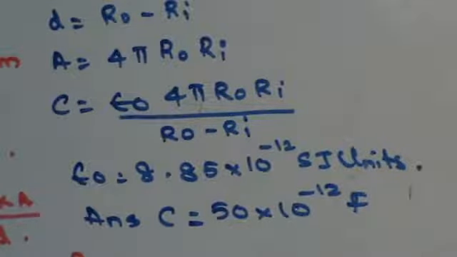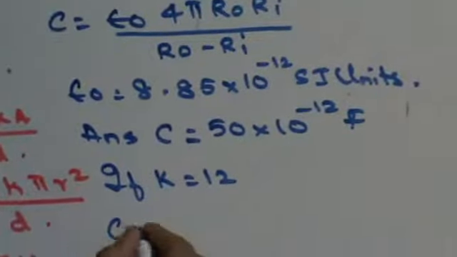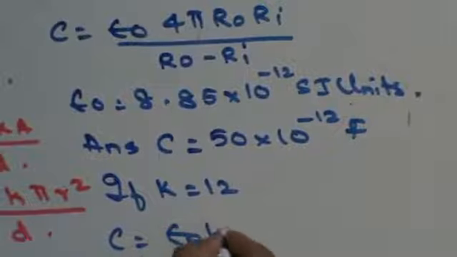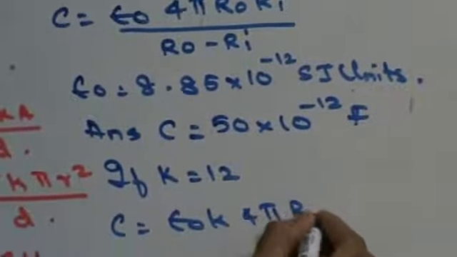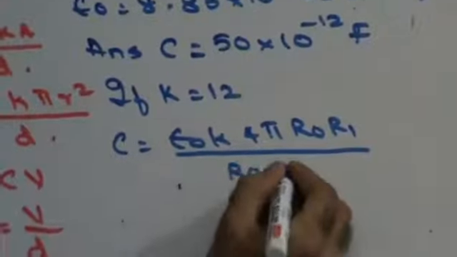Now the second part of the question is that if the space between the two plates is filled with a dielectric of 12, same thing, multiply by K. So in that case, if K is equal to 12, we had assumed K as 1, so C will be equal to epsilon 0 K 4 pi R0 Ri upon R0 minus Ri.